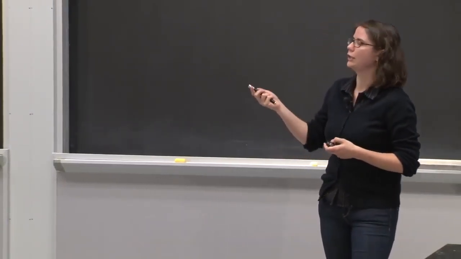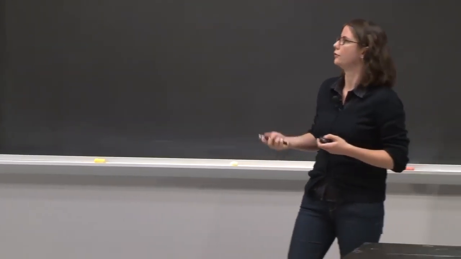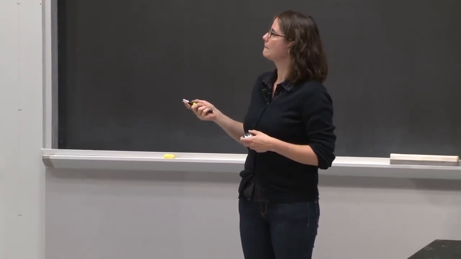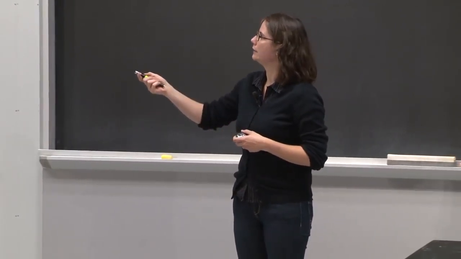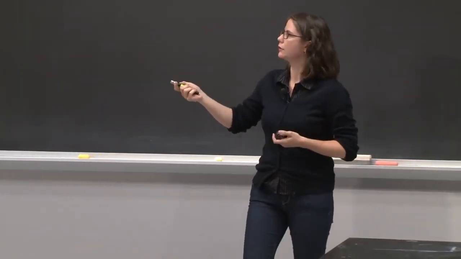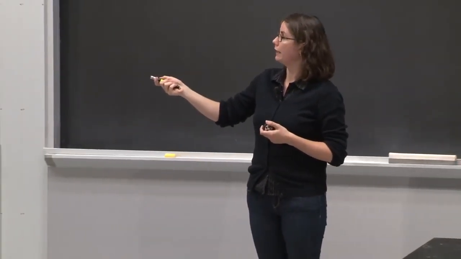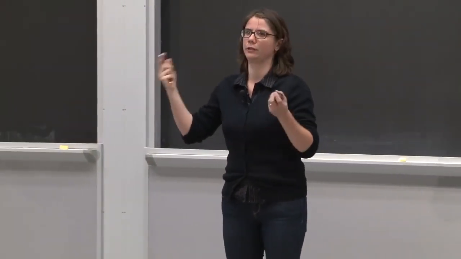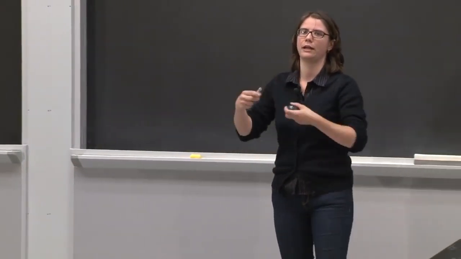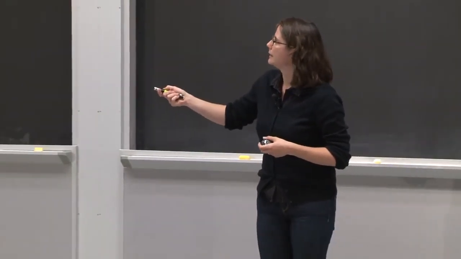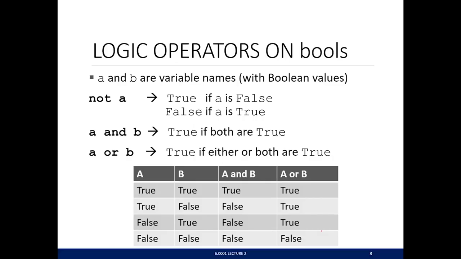Okay, so those are comparison operators on integers, floats, and strings. On Booleans, you can do some logic operators. And the simplest is just inverting. So if A is a variable that has a Boolean value, not A is just going to invert it. So if A is true, then not A is false, and vice versa. This is a table that sort of represents what I've said here.